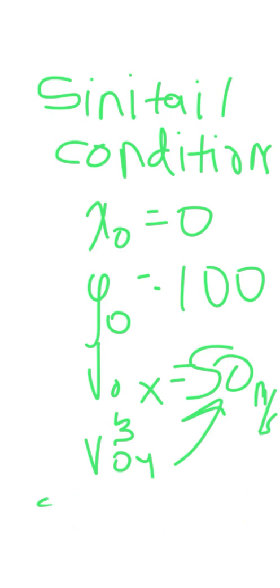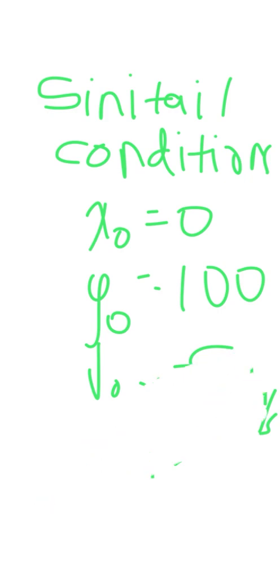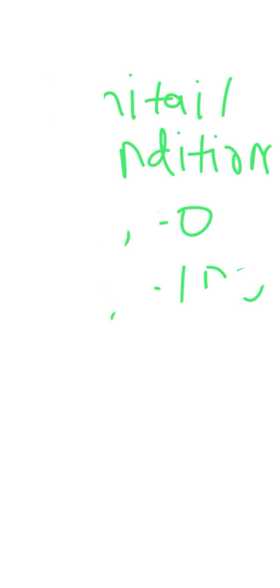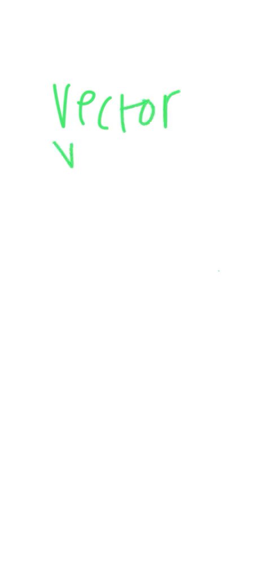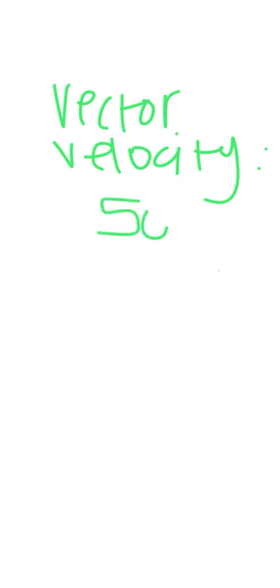So now that we know these initial conditions, we can move on to find the answers to the questions being asked. First, they want us to find the vector velocity. And the vector velocity is very easy. It's given in the initial conditions. It's 50 meters per second. So we found the vector velocity.